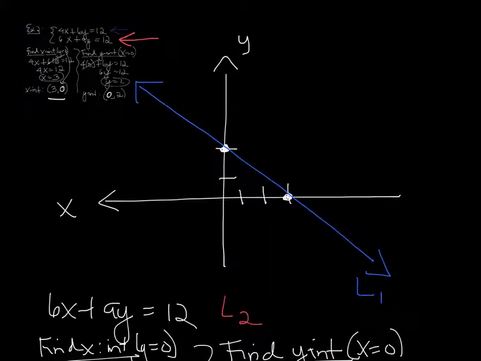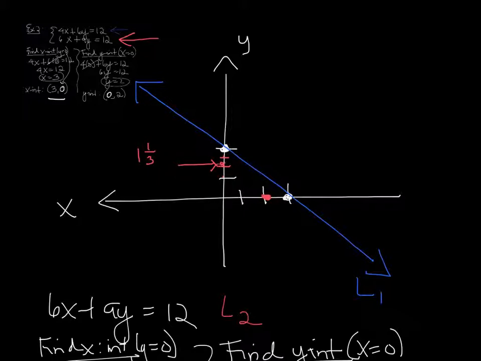So (2, 0), and 1 1/3. So 1, we'll break it up into 3 pieces, 1/3. So here's 1, 1 1/3, 1 2/3, 1 3/3. So that is 1 1/3.